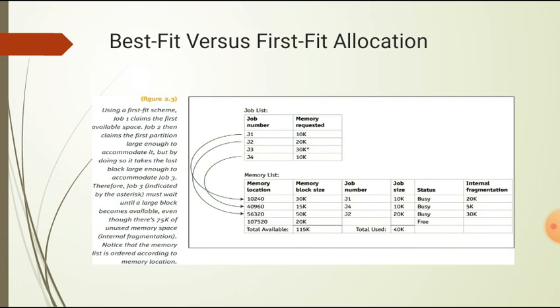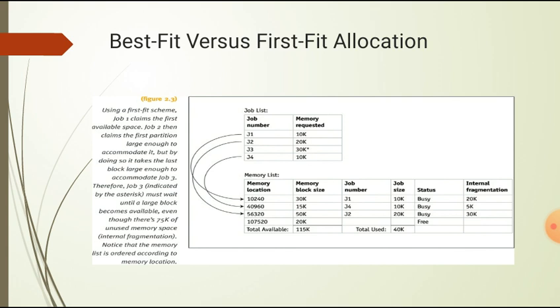Okay, so I have here a figure, and as we can see, the best fit versus first fit allocation. Using a first fit scheme, job 1 claims the first available space, then job 2 claims the first partition large enough to accommodate it.